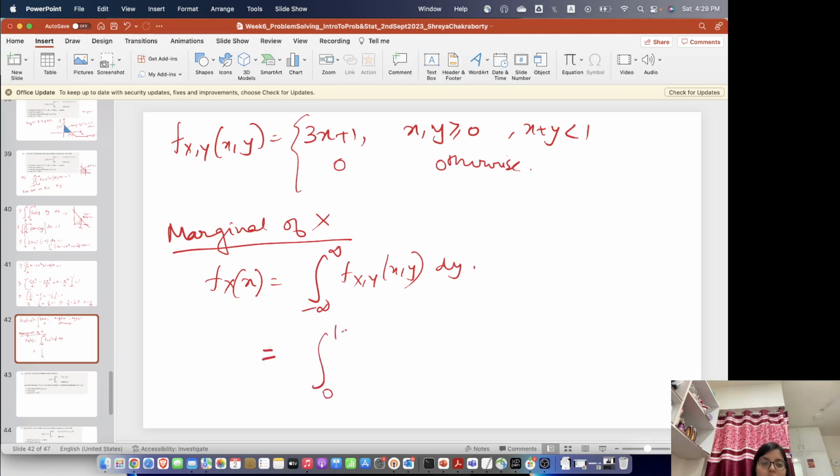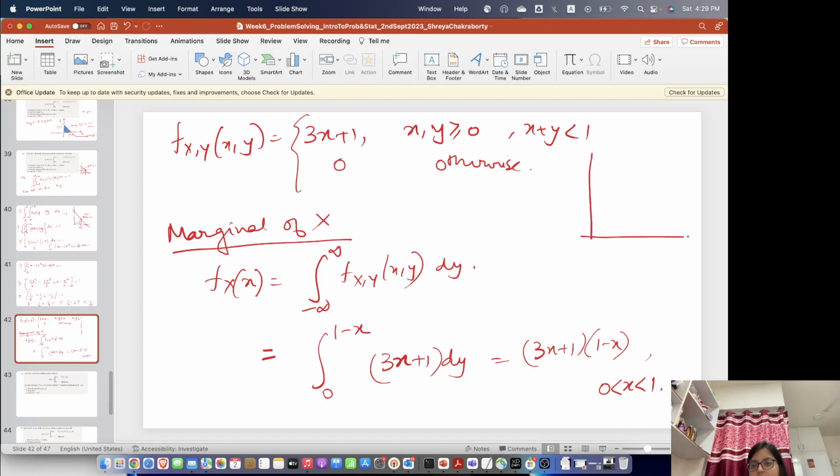So we'll have the integral from 0 to 1 minus x of 3x plus 1 dy. So it will be (3x plus 1) times (1 minus x), given 0 less than x less than 1. x can range from 0 to 1 and y can range from 0 to 1 minus x.